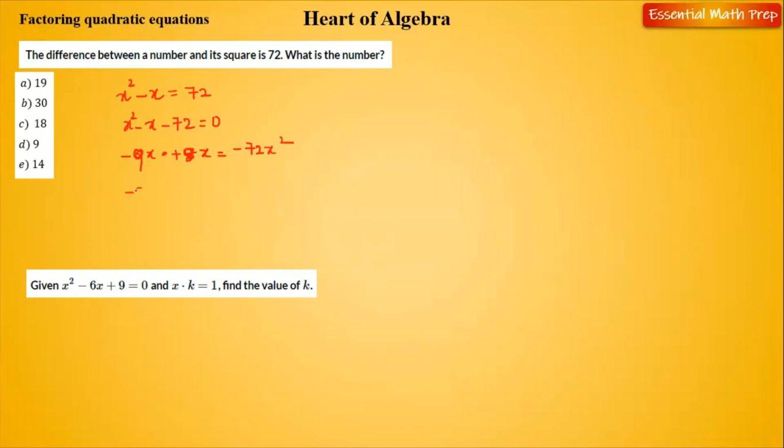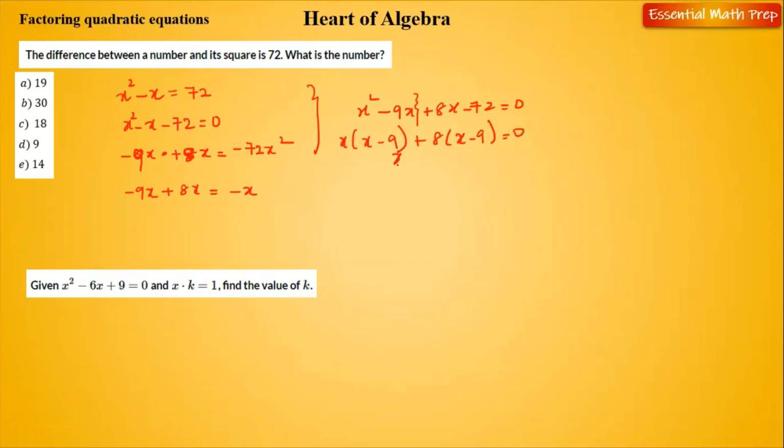So at the same time, if you add negative 9x plus 8x, then you get negative x. So if you substitute this back in the expression, then we get x squared minus 9x plus 8x minus 72 equals 0. So if we split this right here, we take x as a common factor, plus 8 would give you x minus 9. So x equals negative 8 and x equals plus 9.